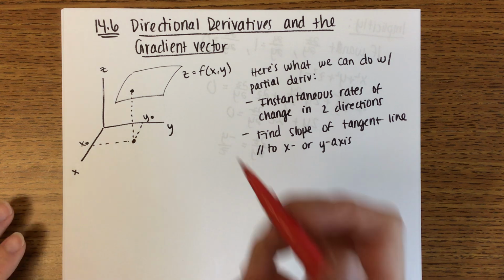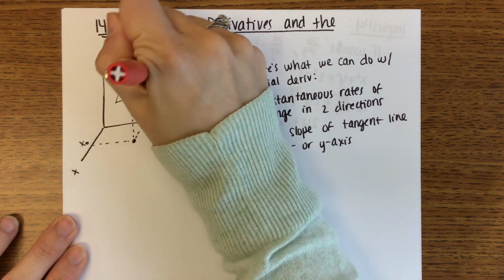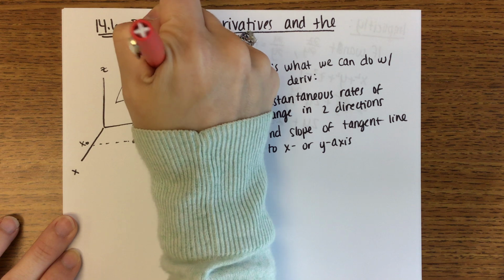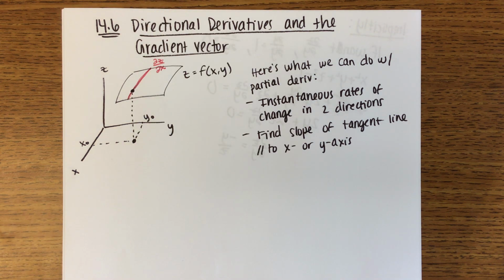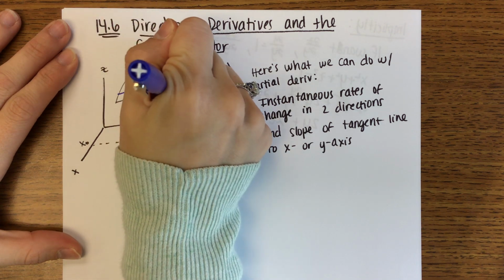When we do, we're going to get some line like this. That's partial z, partial x. And then we pass through the other plane the other way to get partial z, partial y.